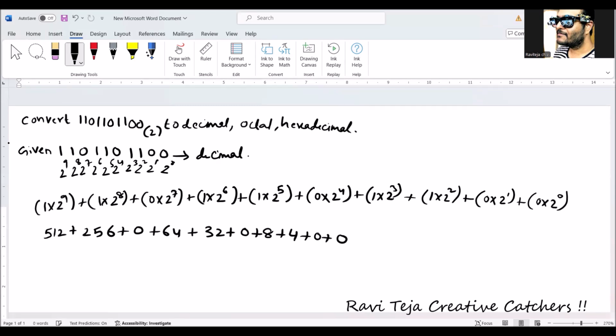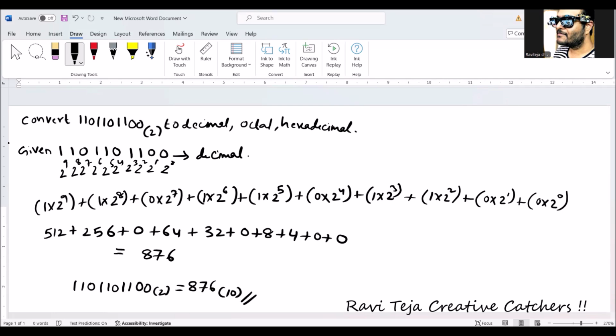Okay. So if you add all this, we get the answer 876. So the binary 110110 1100 is converted into decimal format 876. Okay. This is the answer.